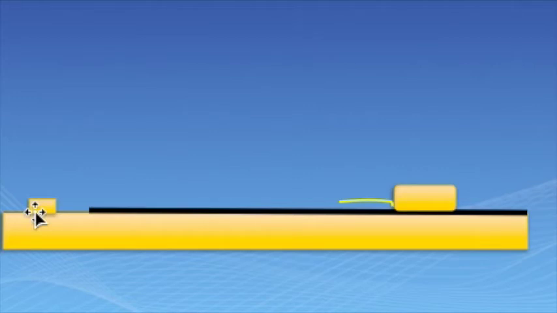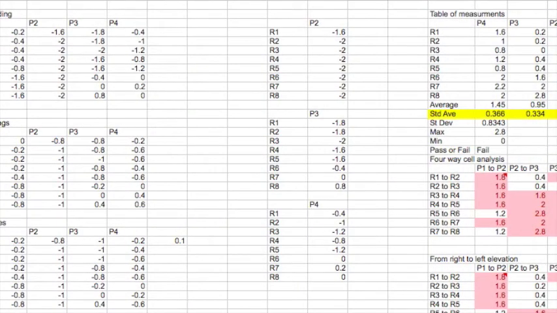Let's have a look at the foundation measurement Excel spreadsheet, and I'll talk a bit about that. So when you go to your spreadsheet, you're going to get a reading, and the meter's going to read minus because your instrument is set up on the highest point. But when you come to enter it into the spreadsheet, you should enter not minus but 0.2, because the spreadsheet actually takes care of that minus value.